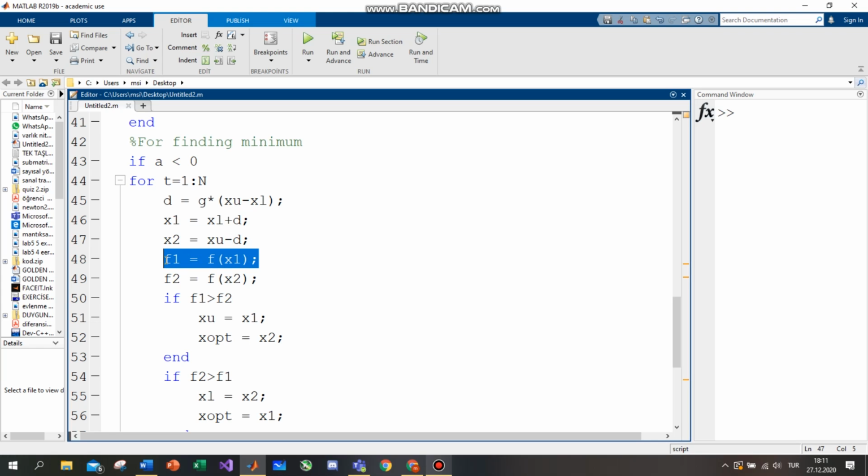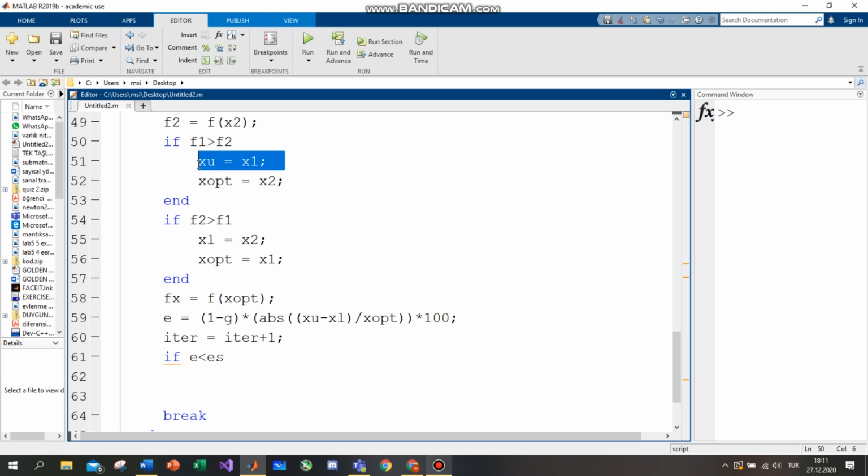This one changes the lower x value and the upper x value, and this one is the function value for x2. This one is x equals x1, the function value for x1, and x opt equals x2, comparing f1 and f2 values, and setting the new upper limit.